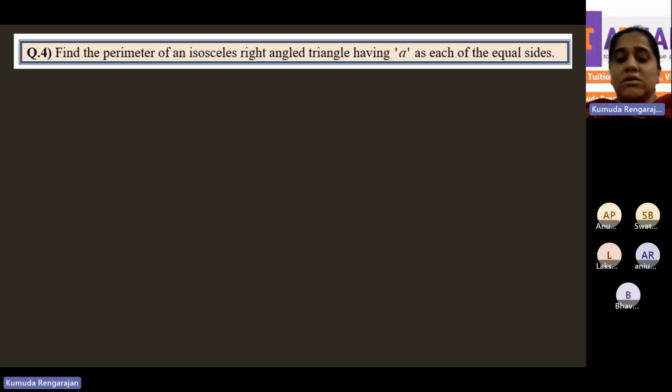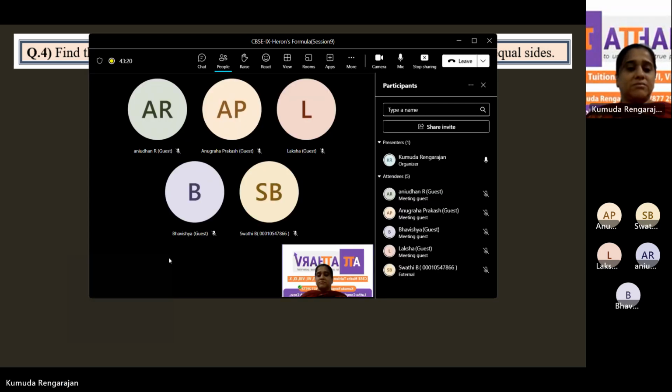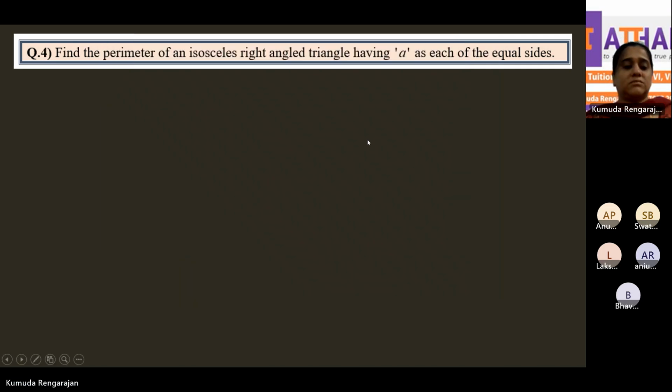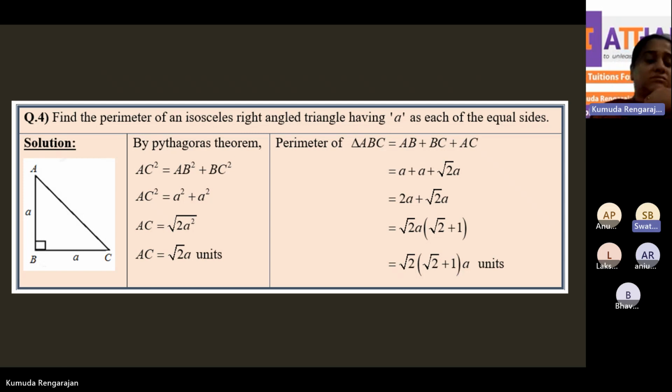See, nobody is able to do. Anyone else online? Anirudh, Swati, Laksha, Anugraha. Ma'am, 2A plus A root 2. 2A plus root 2A, right?